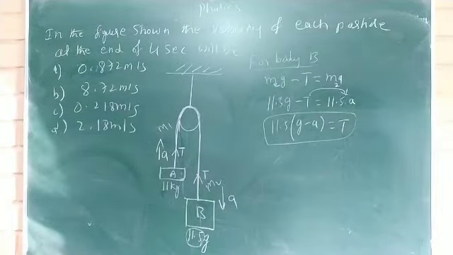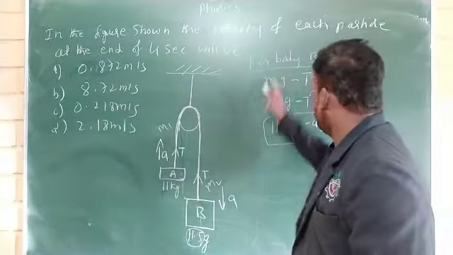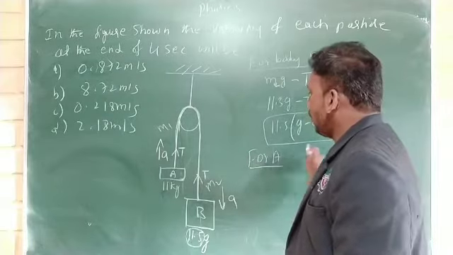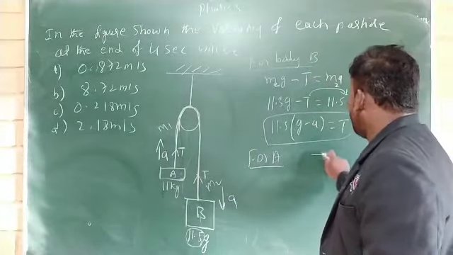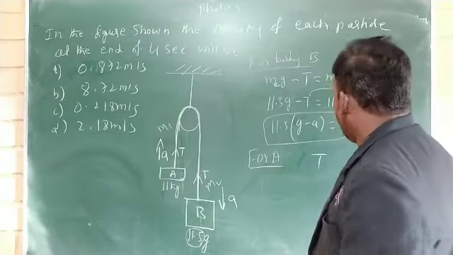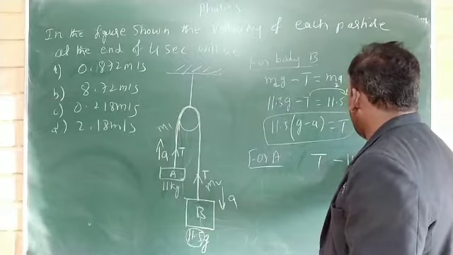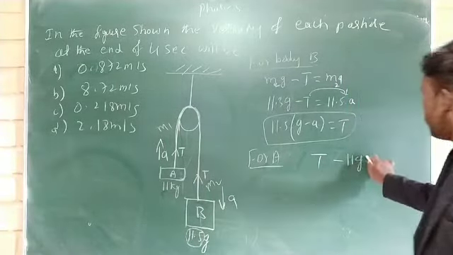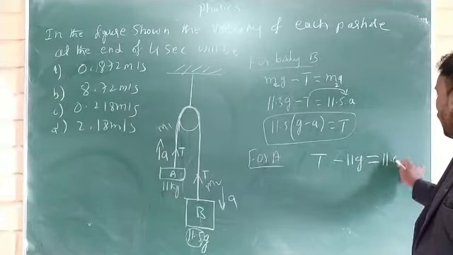Similarly, that was for body B. For body A, the acceleration is in the upward direction. Therefore, tension T is taken as positive and the weight 11 g is taken as negative, equal to M1, which is 11, into acceleration.